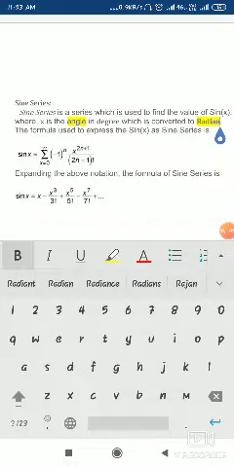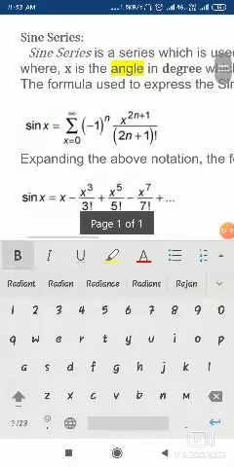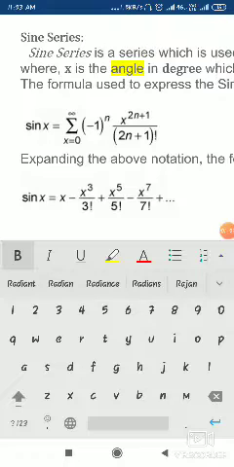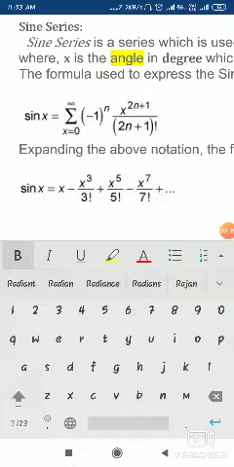Before that, we should understand the basic formula to express the sin x series. So let me highlight the sin x series formula. Sin x series is the summation of n starting from 0 to infinity, minus 1 to the power n, x to the power 2n plus 1 divided by 2n plus 1, the whole factorial. You may not understand this, but let me expand the above notation in this form.